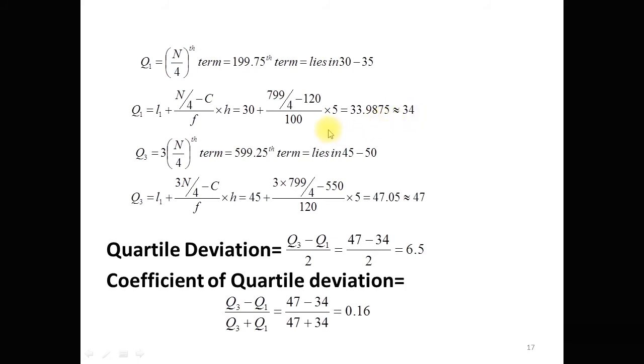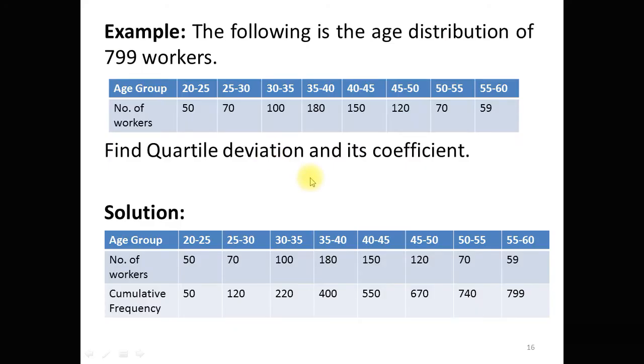Now the third quartile. First of all, find the position of the third quartile, which is given by 3n by 4, and the total number of terms is 799. 799 divided by 4 multiplied by 3, we obtain 599.25 term. So the 599.25 position lies in this range, like you see over here.